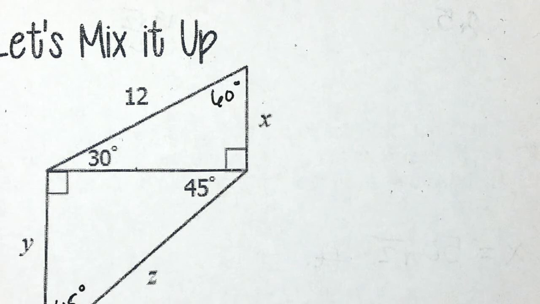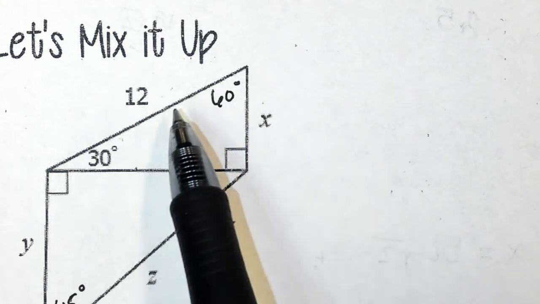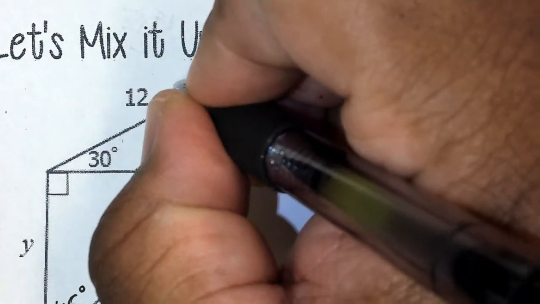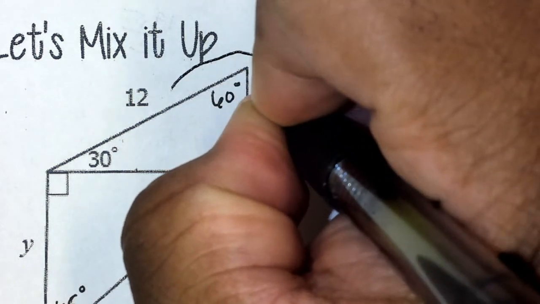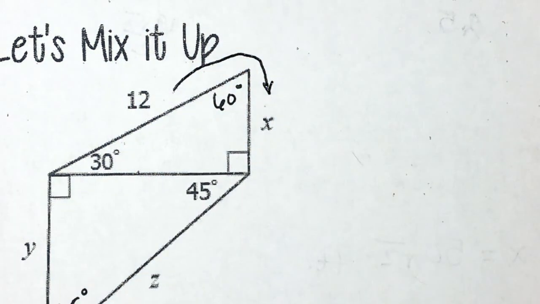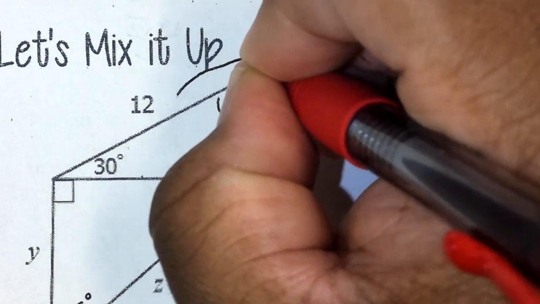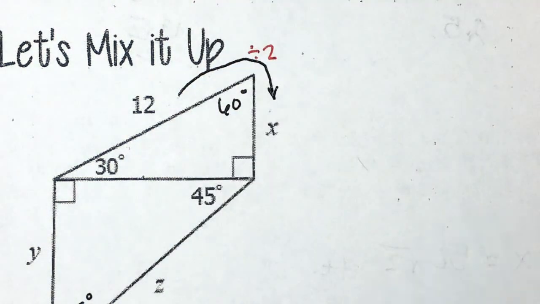Alright, so let's do that, Kahari. On this 30, 60, 90 triangle, before we can get that longer leg, we have to find the short leg, because we can't go straight from hypotenuse to long leg. So, how do we get this short leg on the 30, 60, 90 triangle, Kahari? Hypotenuse divided by 2. So, once you divide 12 by 2, what do you get, man?